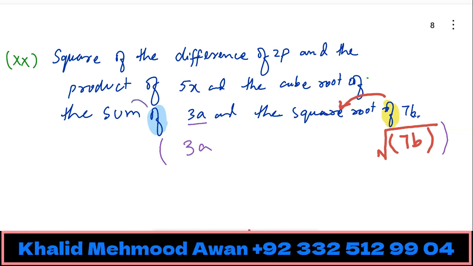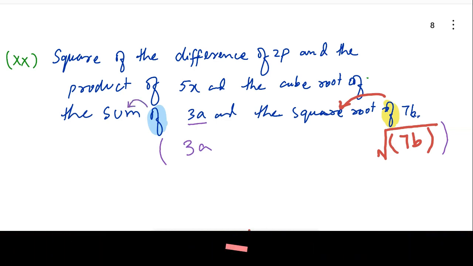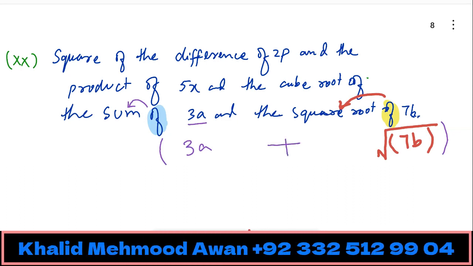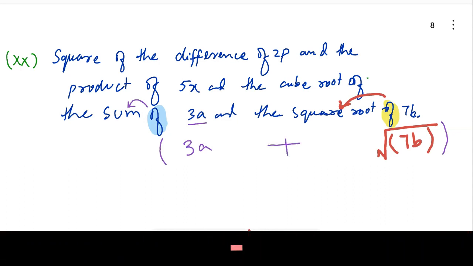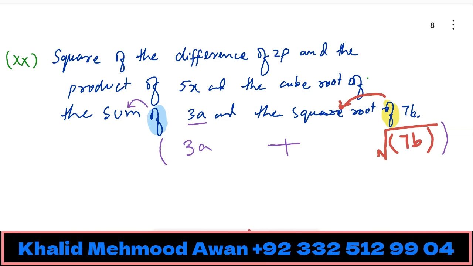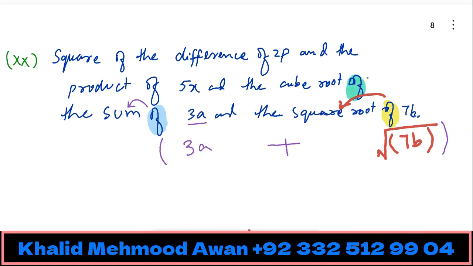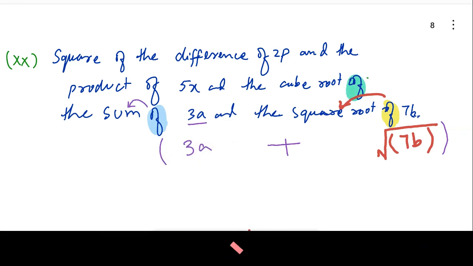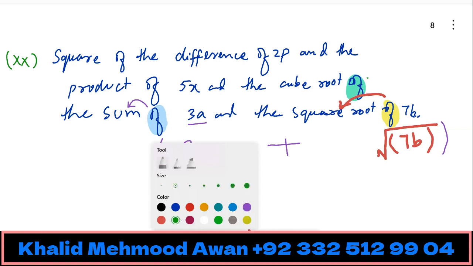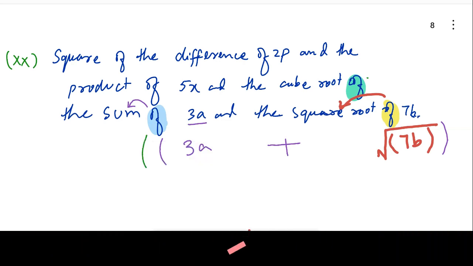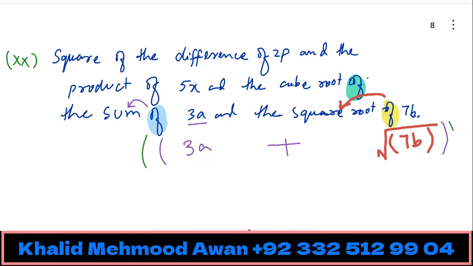But before "of" there is a word sum, so we'll be replacing this with a plus sign. And then there is another "of", which is representing this number. In place of this, we'll be putting a bracket until the end.